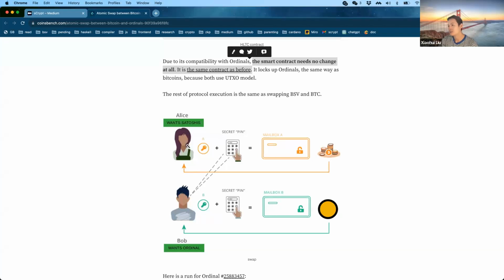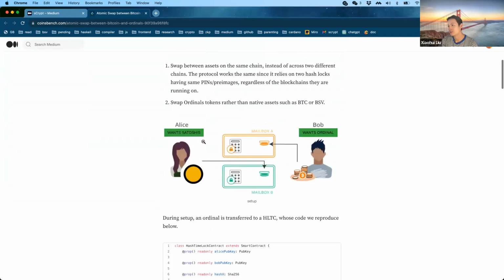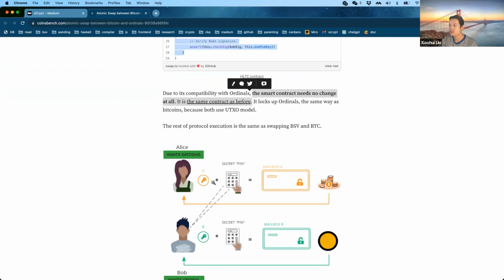So here, when she sets up, Alice in this case has the ordinal. She puts the ordinal in this mailbox, locker box B, and then Bob locks up the satoshis in mailbox A. Then to open, Alice needs to get the satoshis, so she needs to reveal the pin.